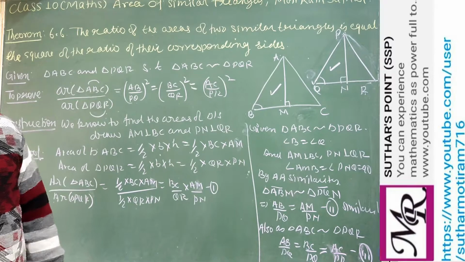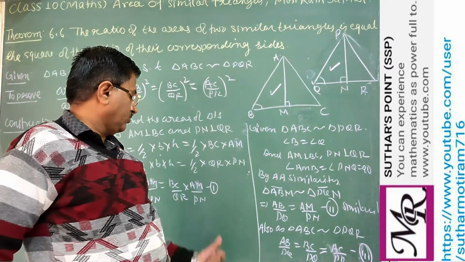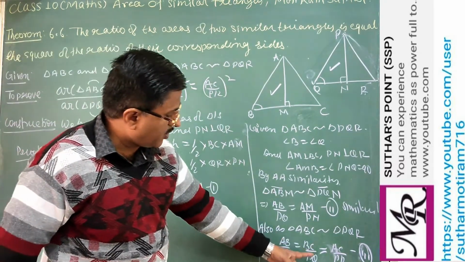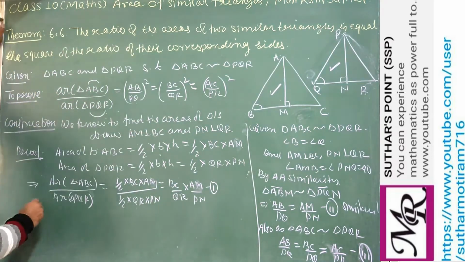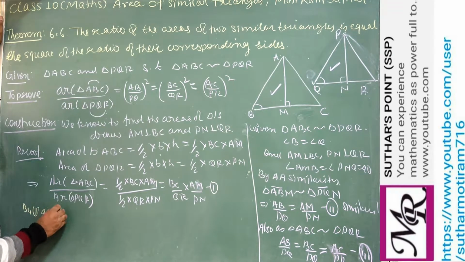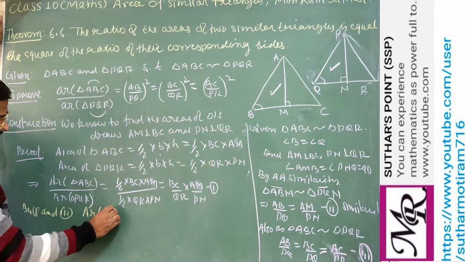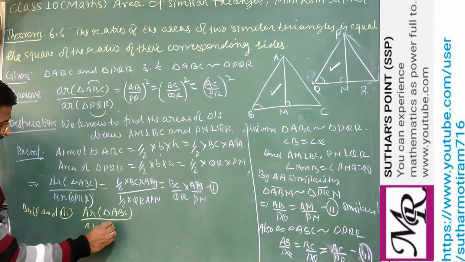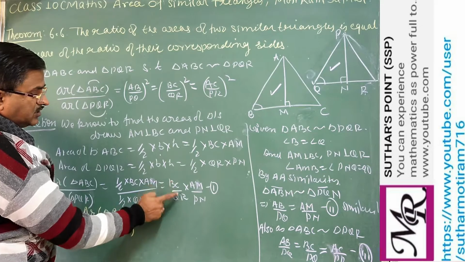Clear? So now if you see equations 1 and 3, BC upon QR can be replaced by AB upon PQ. So by 1 and 3, area of triangle ABC upon area of triangle PQR is BC upon QR into AM upon PN.